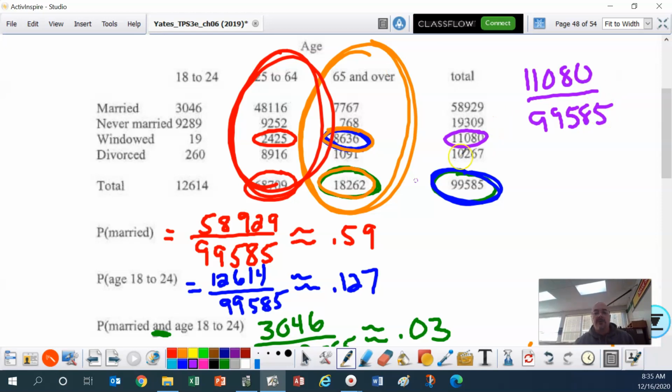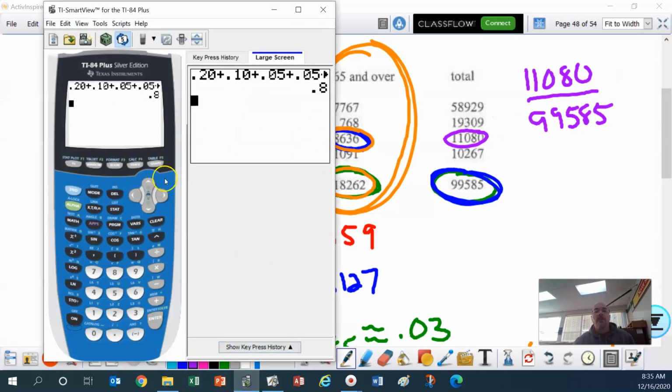I'm going to figure that decimal out quick. So the probability of being a widow, 11,080 divided by 99,585, is, let's say, 0.11.